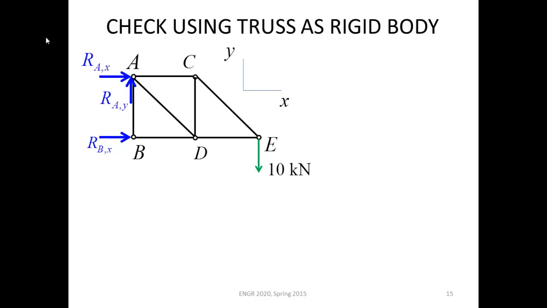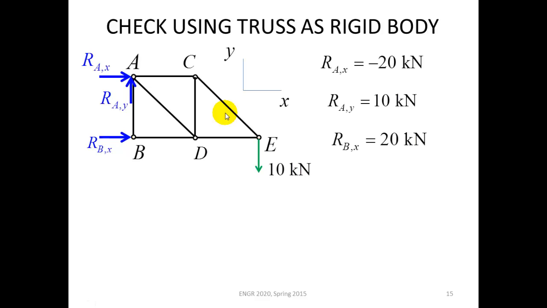If I've solved everything correctly, I should be able to show that the support reactions computed result in the overall static equilibrium of the truss as a rigid body, which means the vector sum of forces must be 0 and the vector sum of moments for the entire truss must be 0. Note that the truss is considered as a rigid body in static equilibrium, so supports are replaced by support reactions.